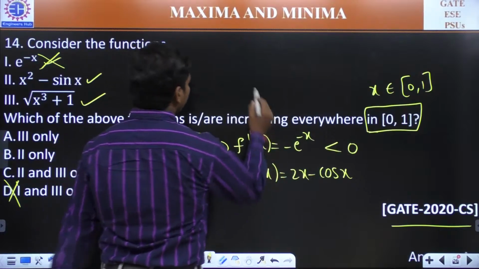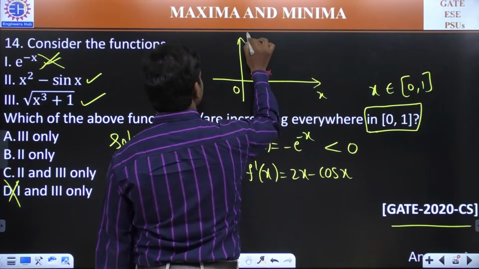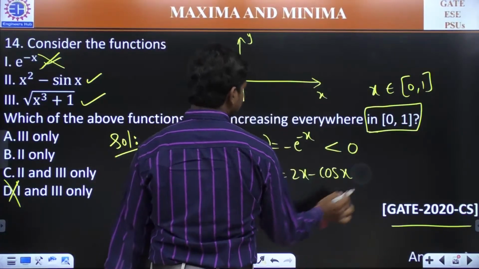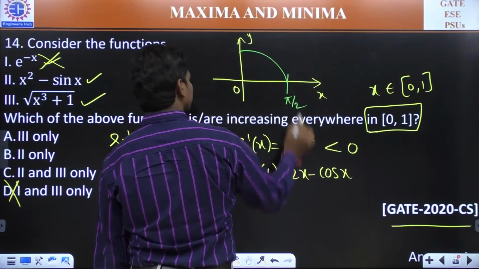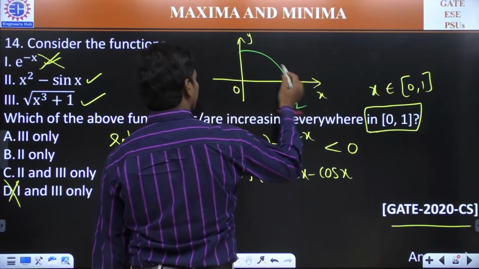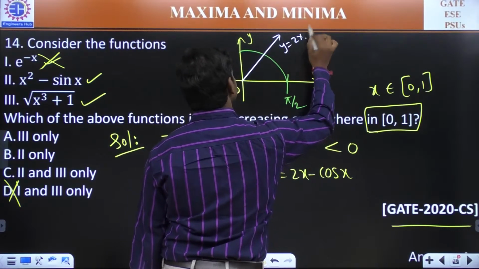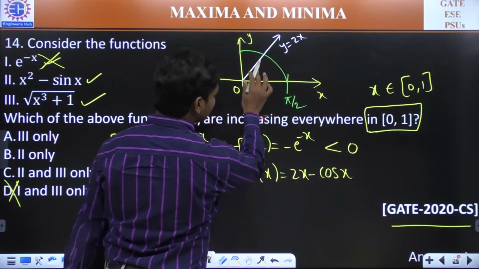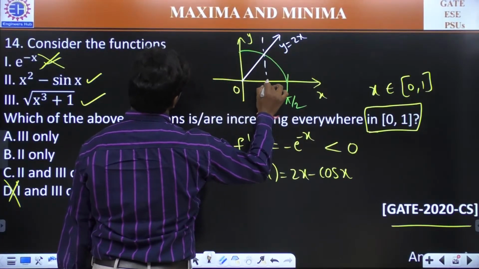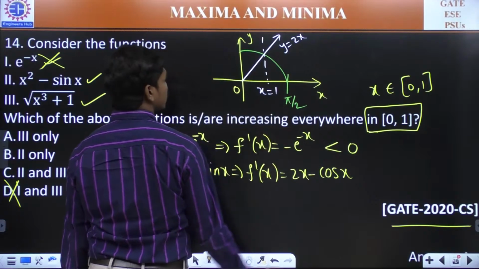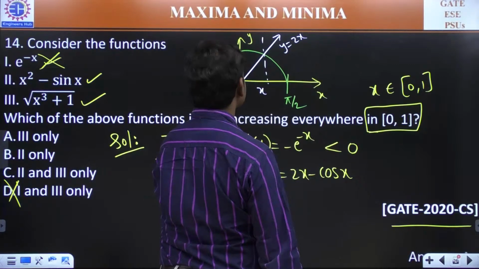See here. Let us try to plot 0, x, y. The graph of cos x looks something like this. Correct? This is at pi by 2, of course. This is cos x. Now, if you draw y is equal to 2x here, it looks something like this. Of course, since we are talking about 0 to 1, I am drawing the graphs only within that range. Let me draw this diagram a bit correctly.